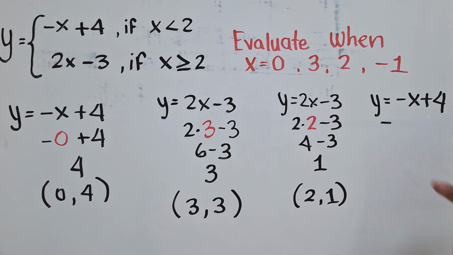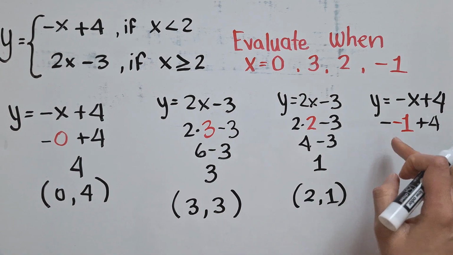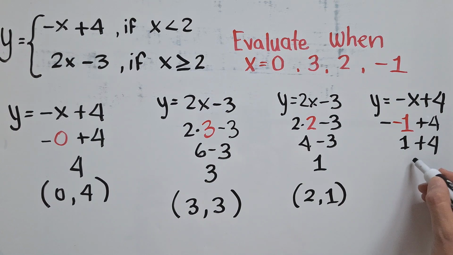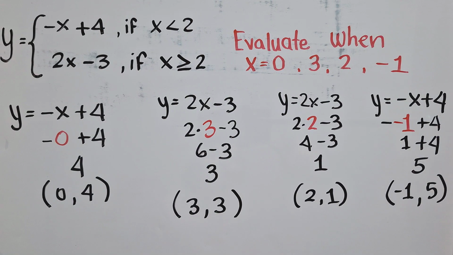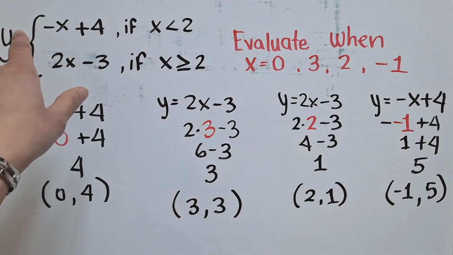So we are going to put that one, and then the x is -1, and then we put plus 4. Now, every time that we have negative and negative, that is positive. So this is actually 1. So it's just simply 1 plus 4. 1 plus 4 is 5, and we have our next ordered pair. And that's how we evaluate a piecewise function.